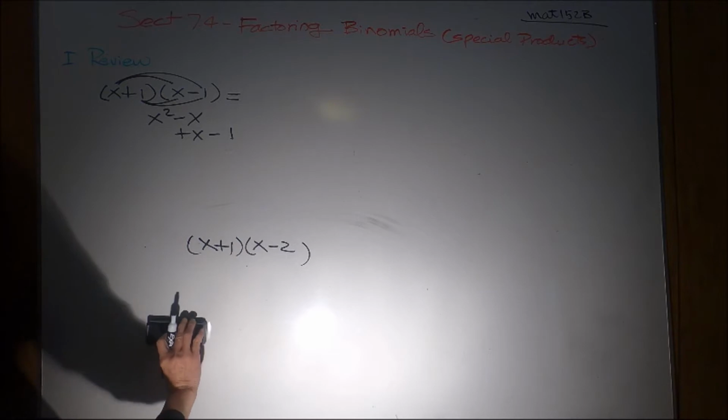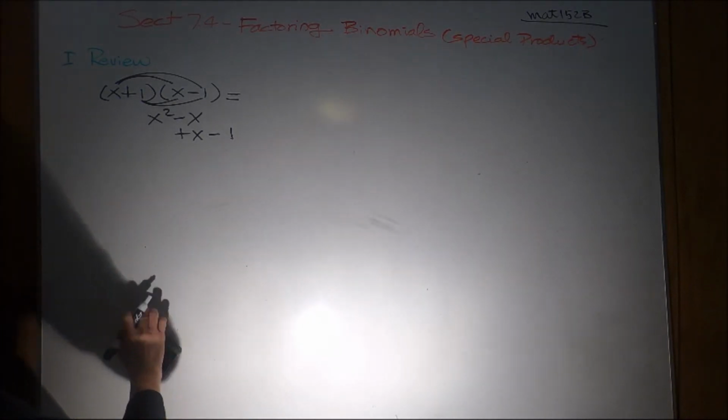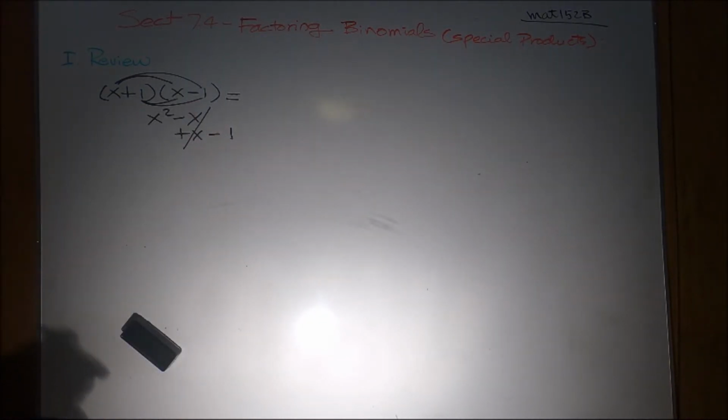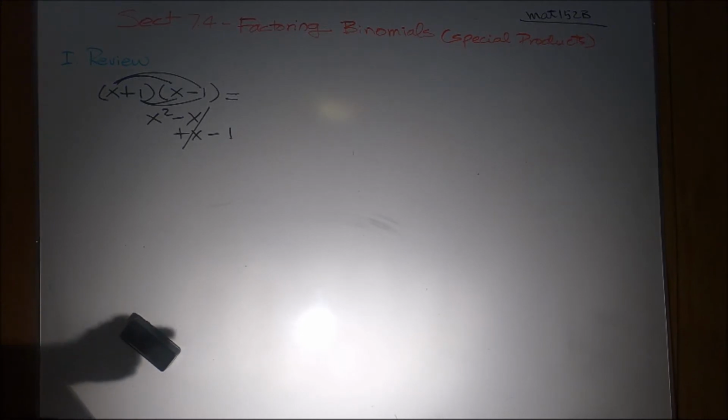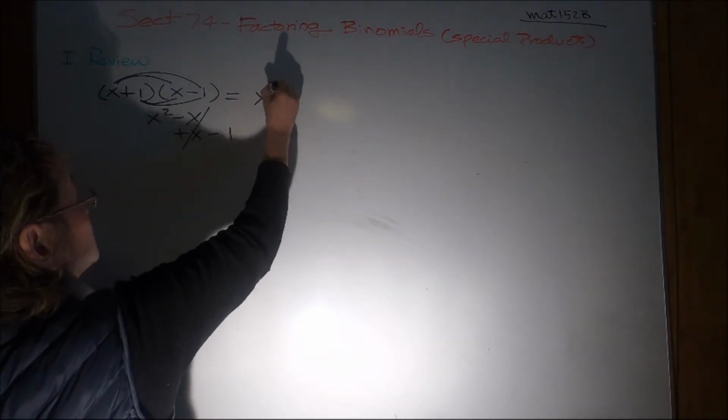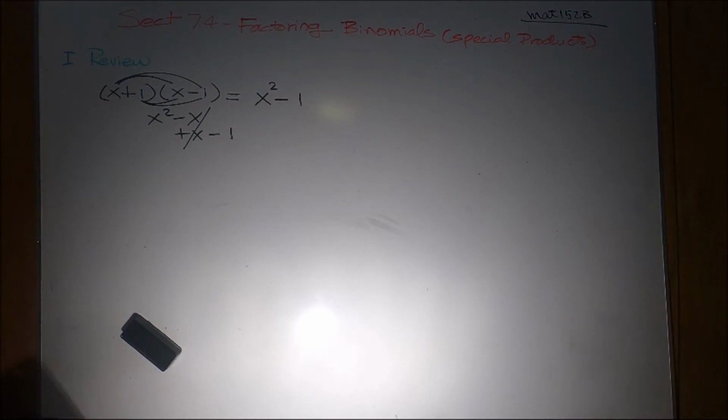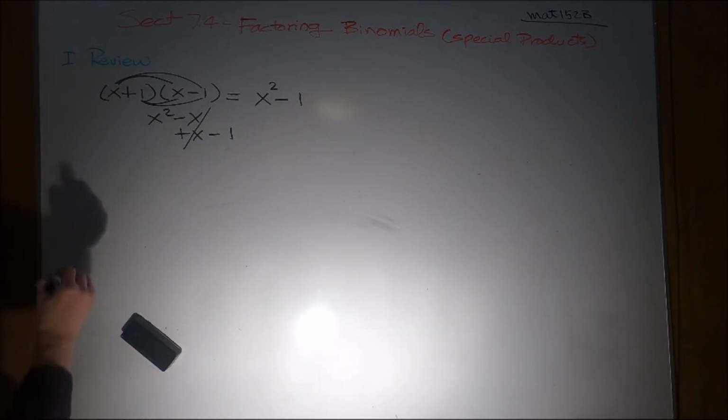When you combine like terms, what happened? The middle part canceled out. So we end up this way. How many terms do we have now? 2 terms, right? Binomial.